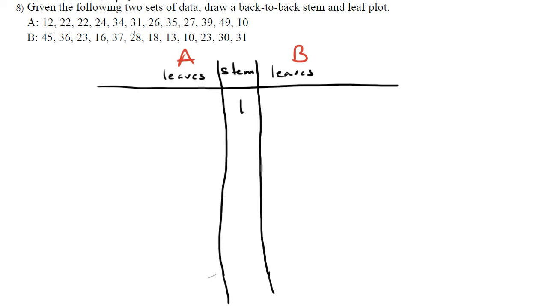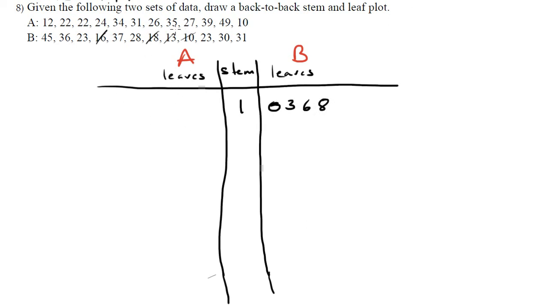So for B, my leaves would be 0 for 10, 13, that's a 3, right? Not a 6. 16, 18. Yes?